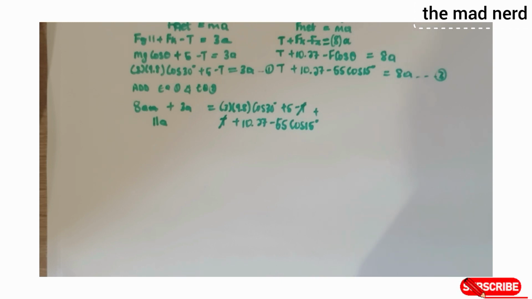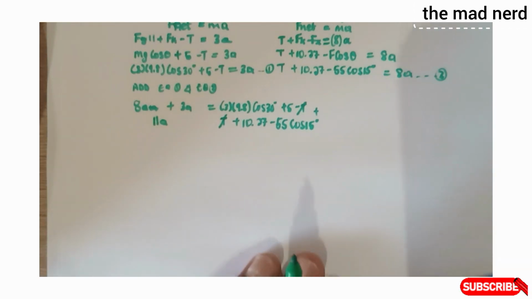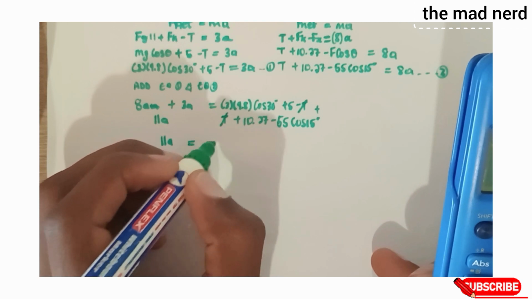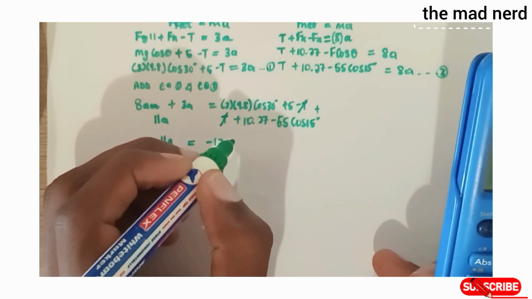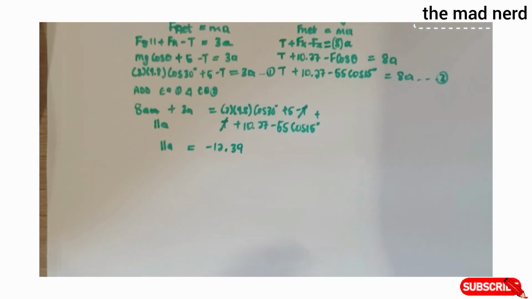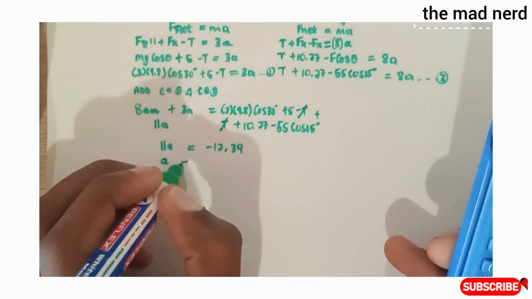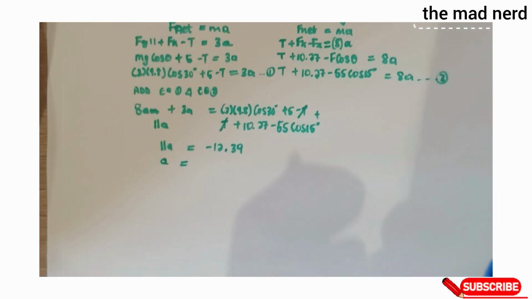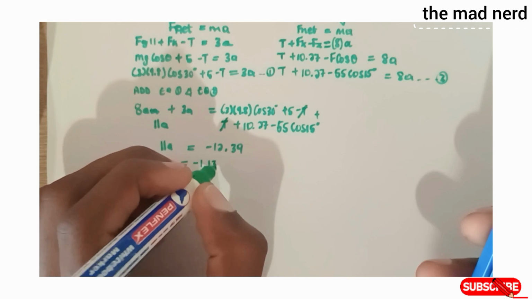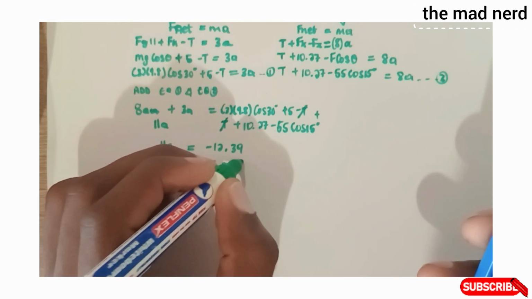And what we've got here is 11a, which equals negative 12.39. So let's find this acceleration: we say the answer over 11, and we get negative 1.13 meters per second squared.